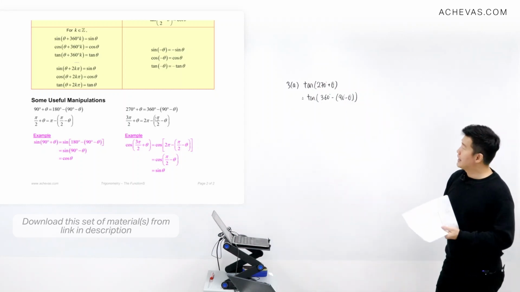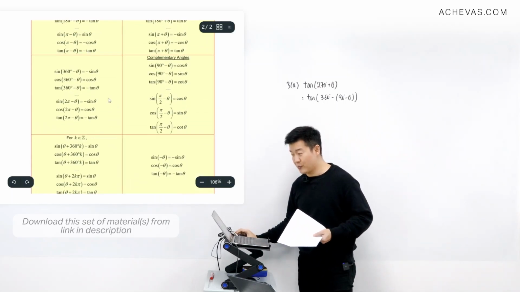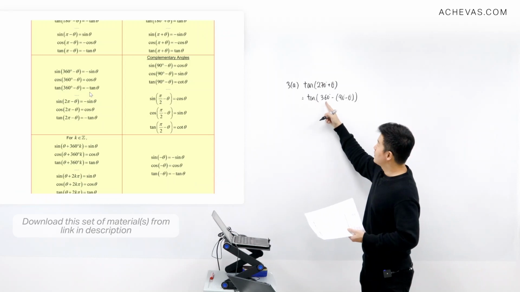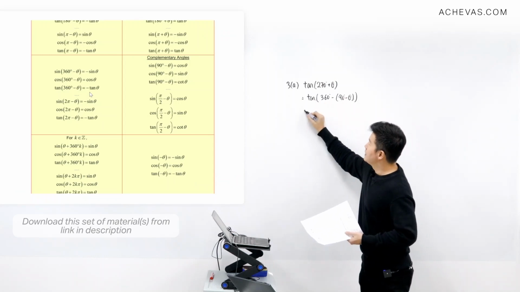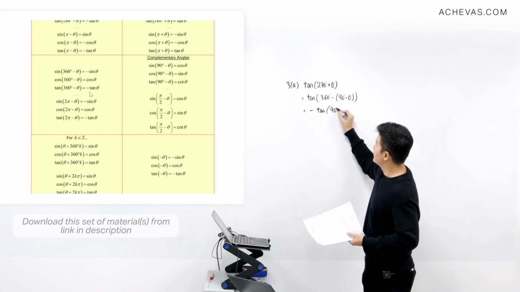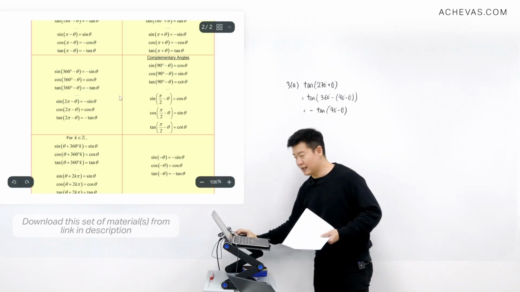And what I'm going to do next is make use of the transformation, because we have a 360 degrees minus theta. Tangent 360 degrees minus theta is minus tangent of theta. So tangent 360 degrees minus the angle is equal to minus tangent of the angle. So it is 90 degrees minus theta. And do we have a 90 degrees minus theta in our table?